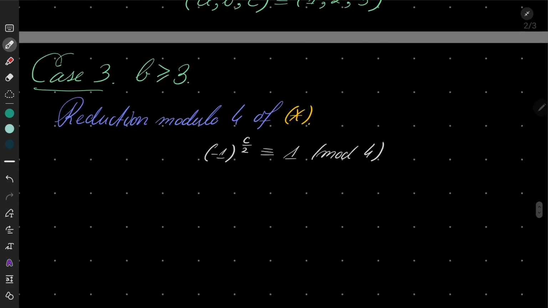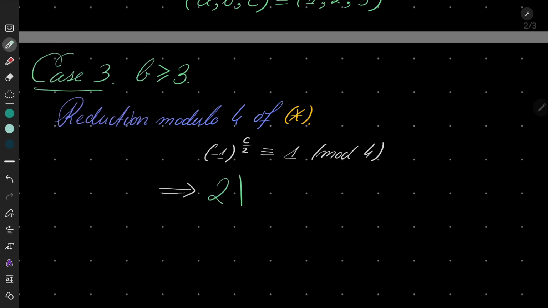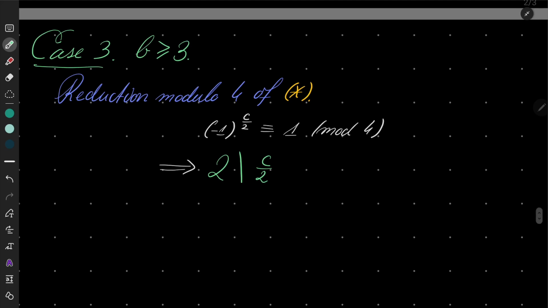And that can only happen if 2 divides c over 2. So in other words, c is divisible by 4, i.e. 4 divides c. Okay, now we know something new.